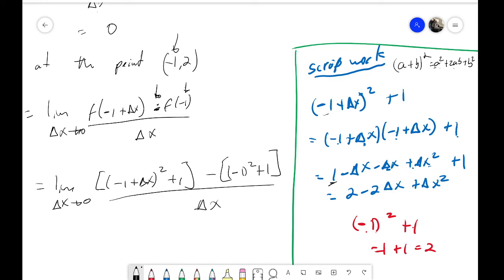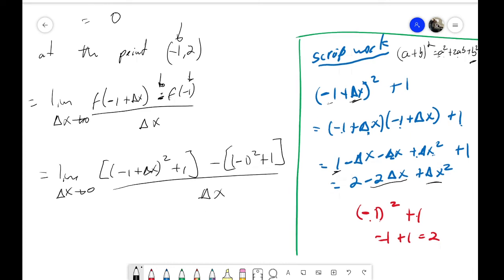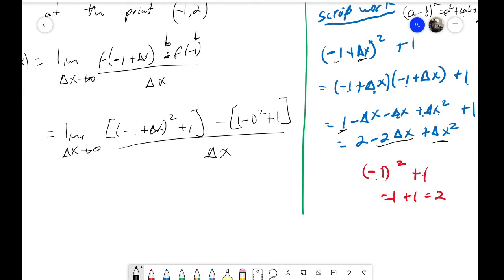Then 2ab: a here was negative 1, b was delta x, so it's 2 times minus 1 times delta x, which is what we have here, negative 2 delta x, and then finally b squared is just delta x squared. So you can see that this always works when you have a binomial being squared. That's good to keep in mind.